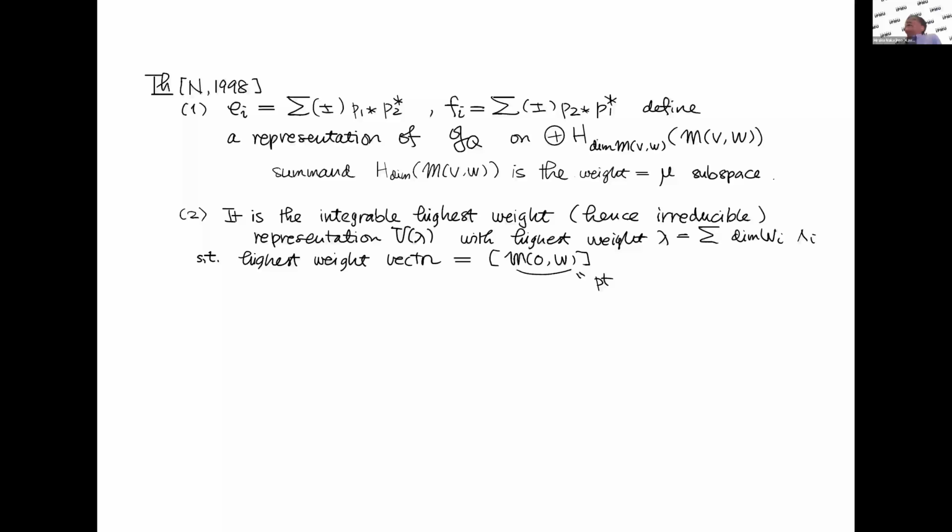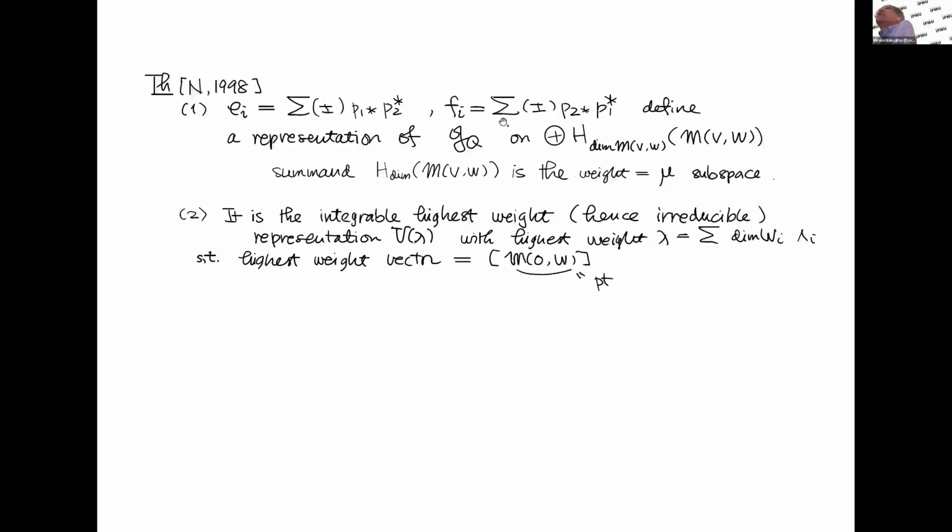And in fact, this is also an irreducible representation, by the general theory of Kac-Moody Lie algebras. Maybe I should also say that it is not so difficult to show that this is integrable. So once you have an integrable representation, irreducible means highest weight. So this is an integrable highest weight representation.